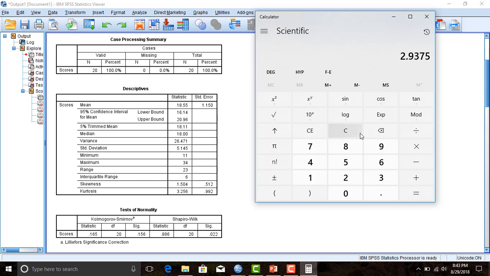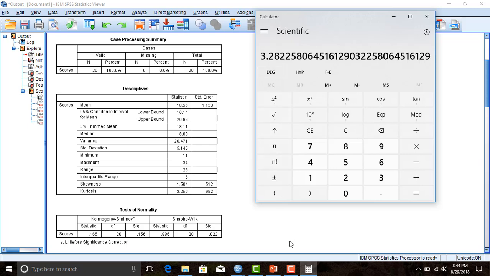And what we're going to do is we're going to take our 3.256 and we're going to divide it by our standard error 0.992, and we're going to get, wow, that's close, we're going to get a Z kurtosis of 3.28.